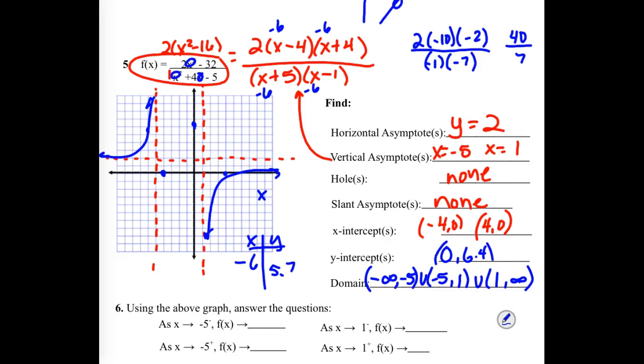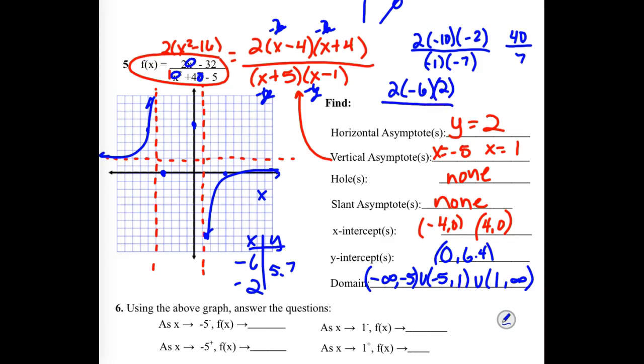I am going to find one more point in that middle section. Let's go ahead and dump in a -2 and see what we get. All right, so for the numerator, we've got 2 times -6 times 2.